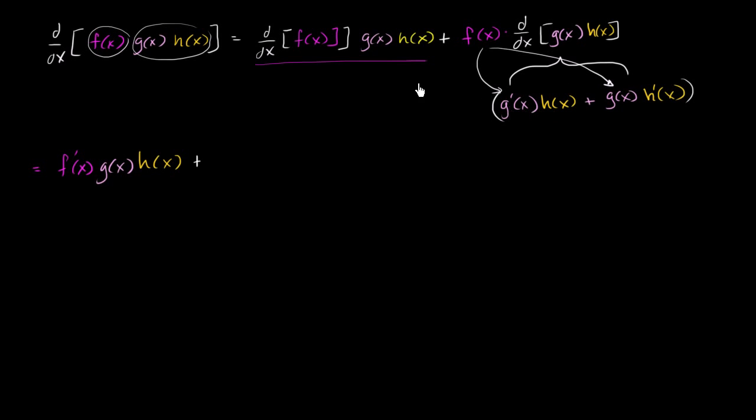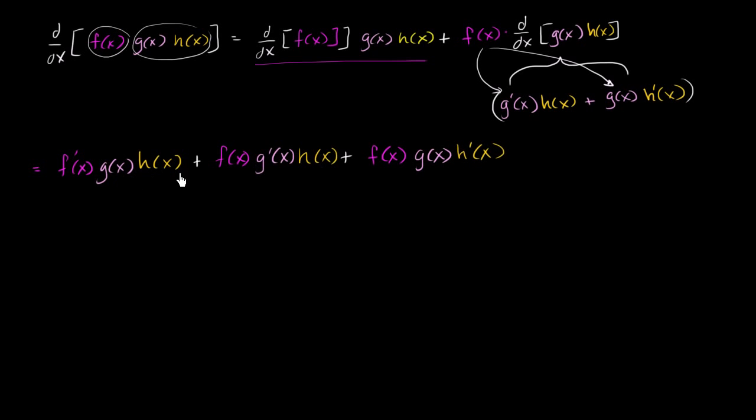So f of x times this is f of x times g prime of x, the derivative of g, times h of x, and then finally, f of x times this is just f of x times g of x times h prime of x.